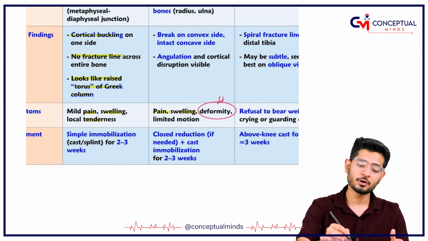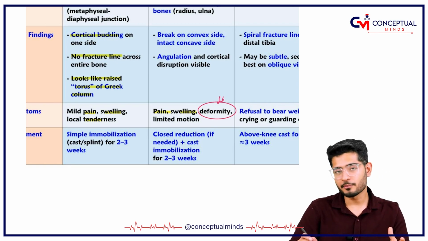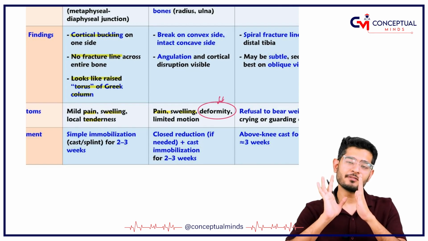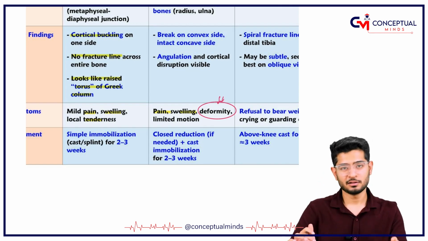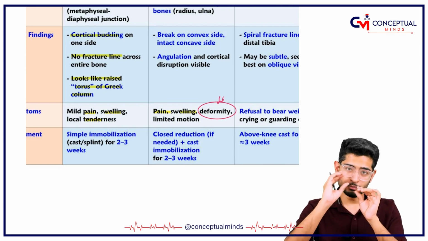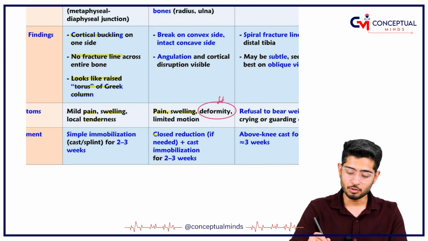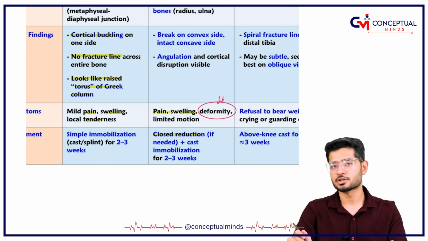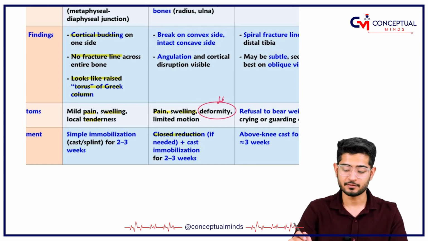So since the deformity is there in Greenstick fracture, what we have to do is straighten the bone, join the two ends, and do a closed reduction. There is no need to open the cavity, but closed reduction is required in Greenstick fracture.